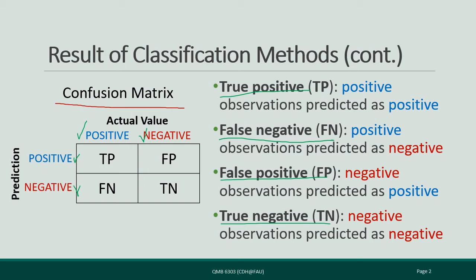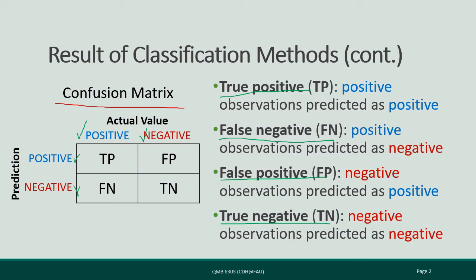The false negative is when the observation is actually positive, but the prediction is negative. So obviously that's a wrong prediction, right? False positive is when the observation is actually negative, but is predicted as positive. So that is another false prediction.